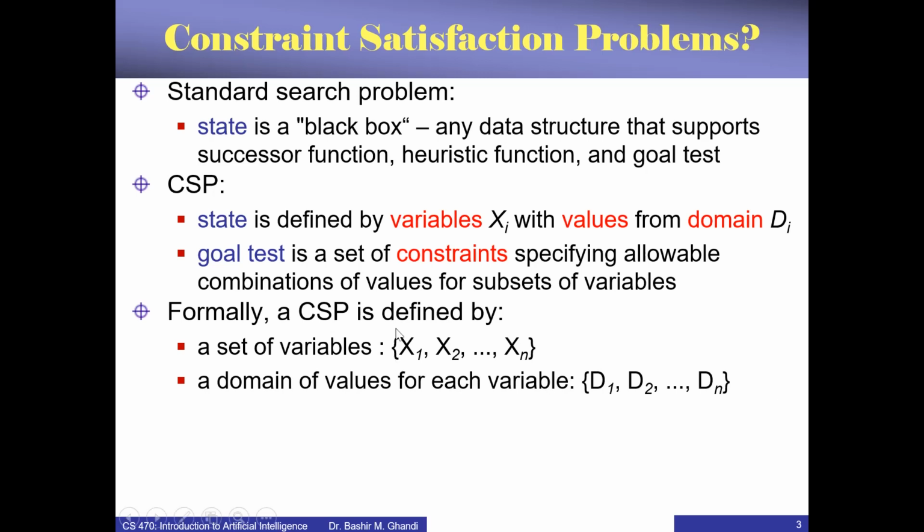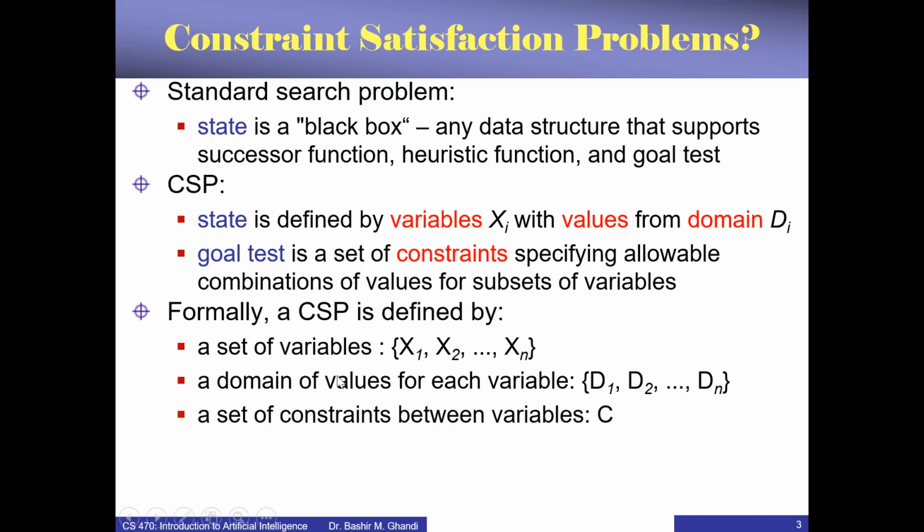One domain for each variable, meaning the values that can be assigned to variable x1, for example, must be chosen from the domain d1. Values for x2 will be chosen from the domain d2 and so on. So basically these domains will specify the possible values that can be assigned to the corresponding variables.